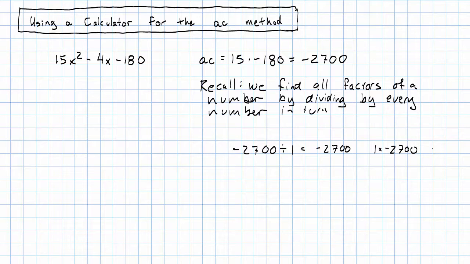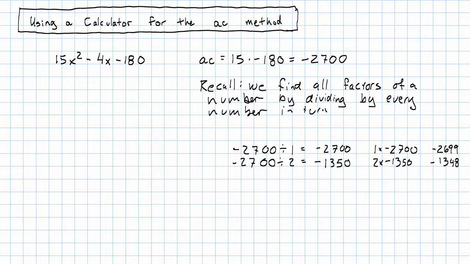Adding them together, that's negative 2,699. That's not what we want. Negative 2,700 divided by 2 is negative 1,350. So 2 times negative 1,350 is another pair. Add them together, negative 1,348. That wasn't what we want.